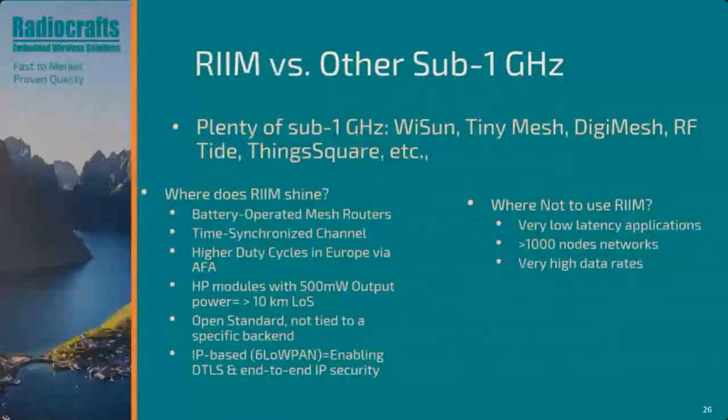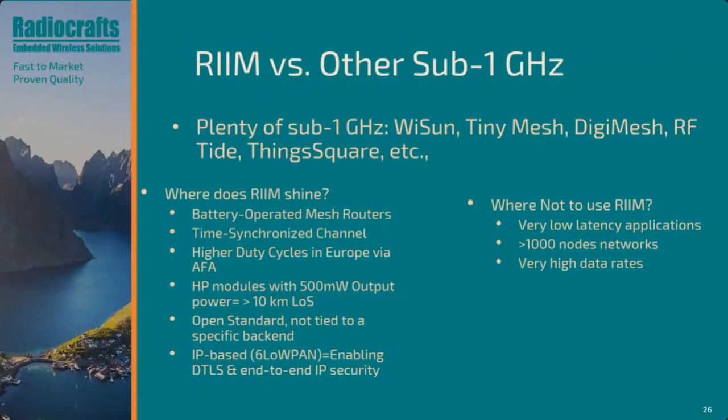Now, if you want to compare RIIM with other generic sub 1 gigahertz, such as Wi-Fi, Tiny Mesh, DG Mesh, etc. Okay, so if you want to just specify where RIIM shines, where are the best cases to use RIIM: if you need battery-operated mesh routers, if you need time-synchronized nodes and channels, if you need higher duty cycle in Europe, since with RIIM you can reach almost 39% more duty cycle.